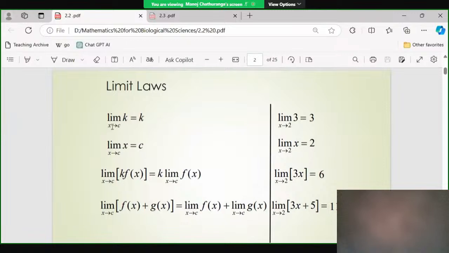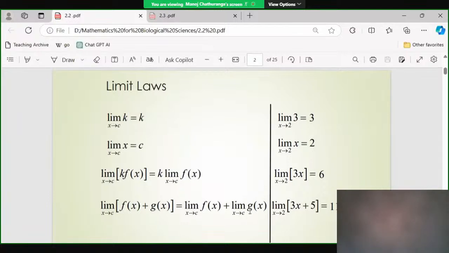The first rule says, let's say our function is a constant k. If it is a constant, limit does not seem to have much meaning.